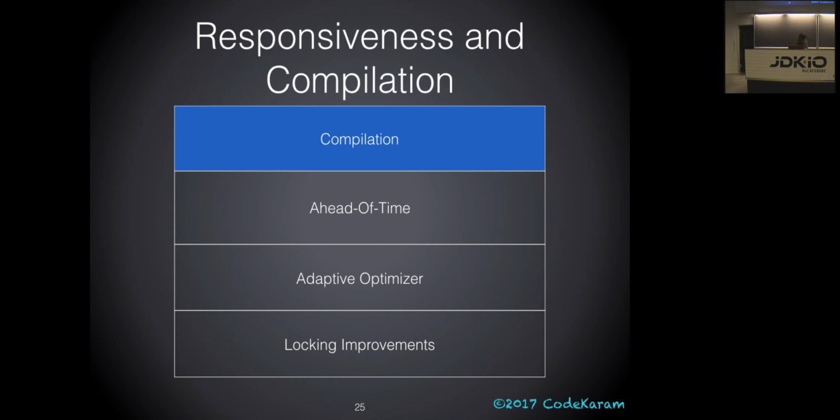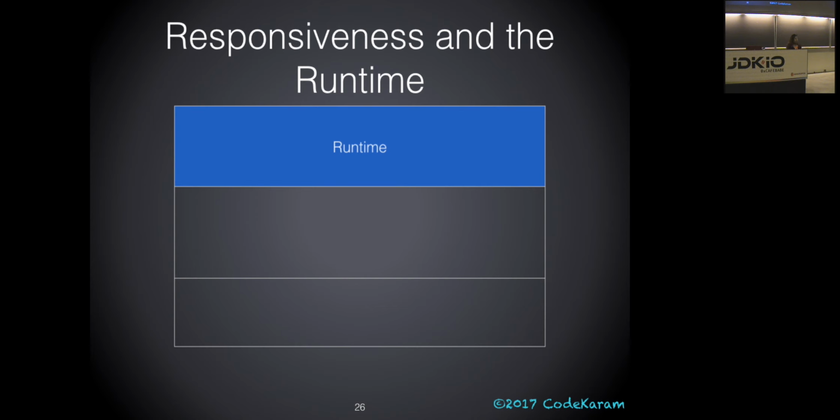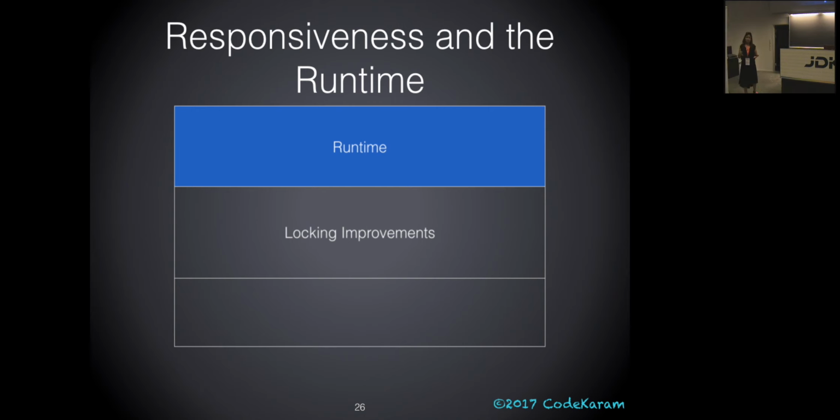And then locking improvements. Locking improvements is very interesting because it's something that I talk about in runtime as well, because responsiveness and runtime, so locking belongs to both compilation as well as runtime. So what are the locking improvements? We know about bias locking, which is for uncontended locks. Then there's lock coarsening, then lock elision. In JDK 9, in Java 9, you have something called optimizations for contended locks.